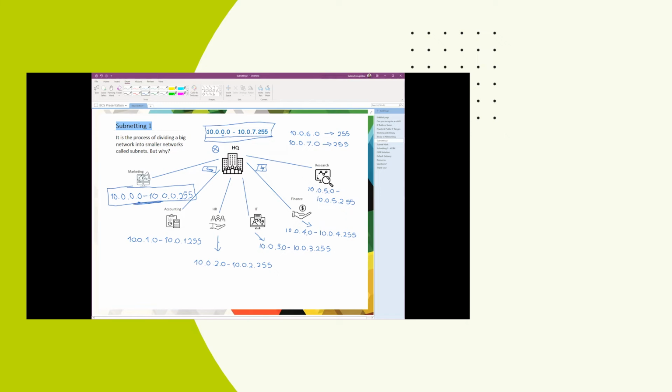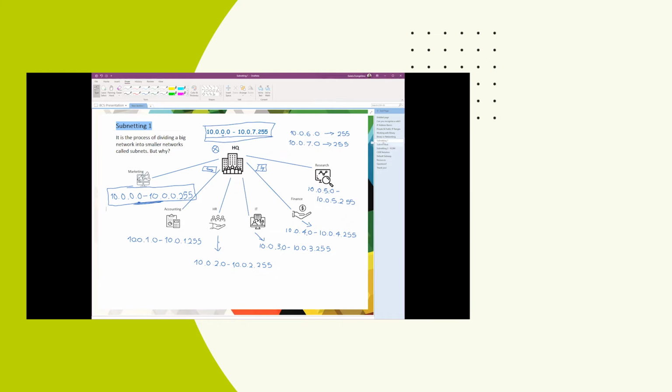Something from this range cannot broadcast any traffic to the other ranges. So we achieve this broadcast noise being maintained within this range, and avoid unnecessary traffic all across the network. So those are the two main reasons for subnetting.